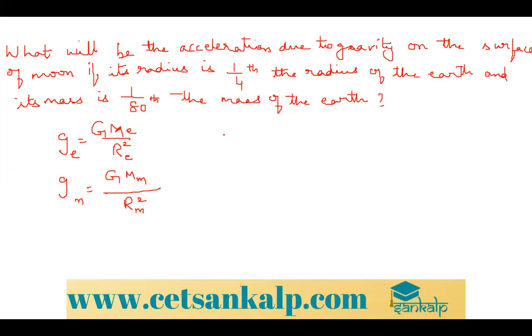Now we'll take the ratio Gm divided by Ge. If you take the ratio, G and G get cancelled, Mm divided by Me into Re square divided by Rm square.